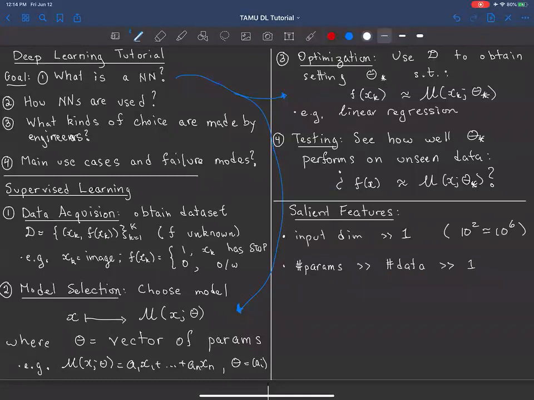Okay, so that's 2 salient features, and let me conclude with the last one: neural networks both interpolate, which means they can often exactly fit your data, with no error on your data set, and simultaneously extrapolate to new data points.